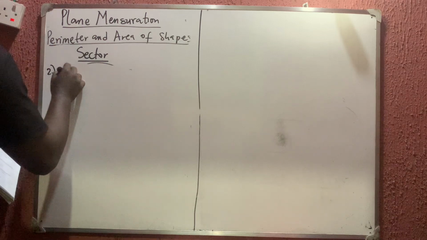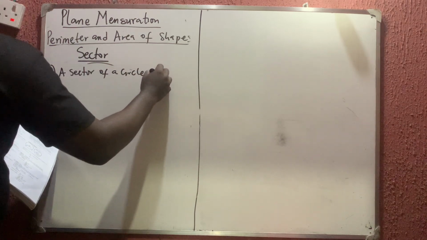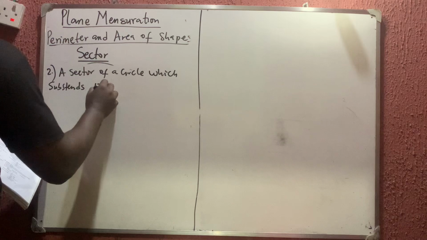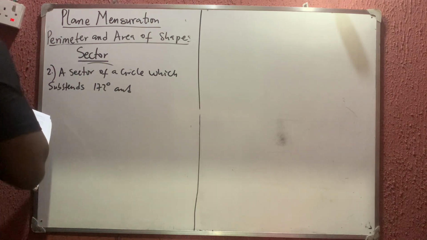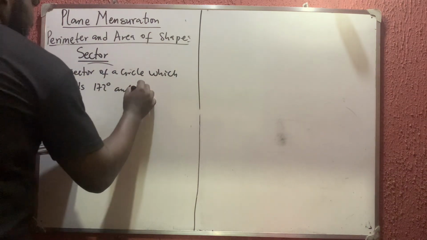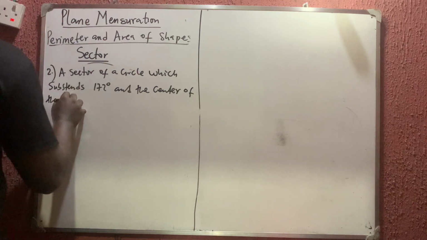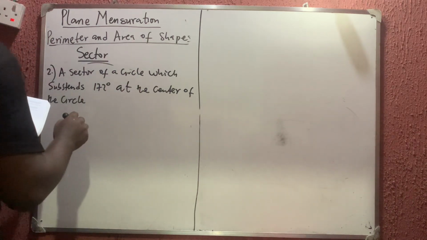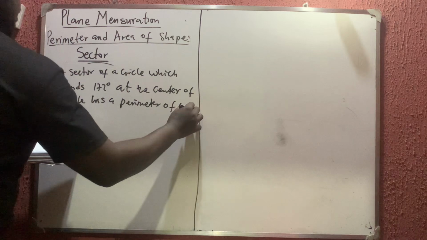Question number 2 said a sector of a circle which subtends 172 degrees at the center of the circle has a perimeter of 600 cm.